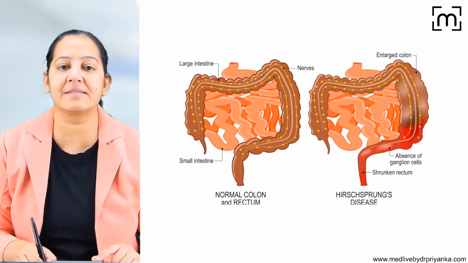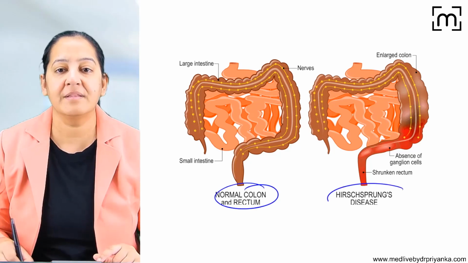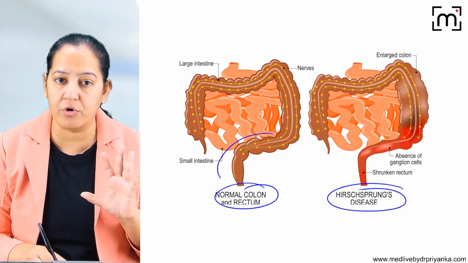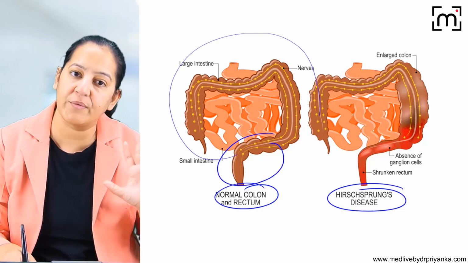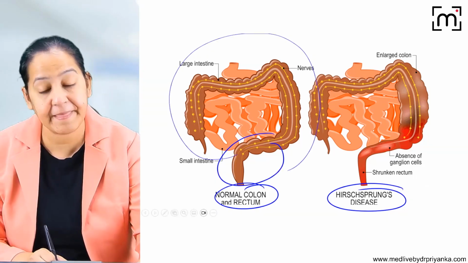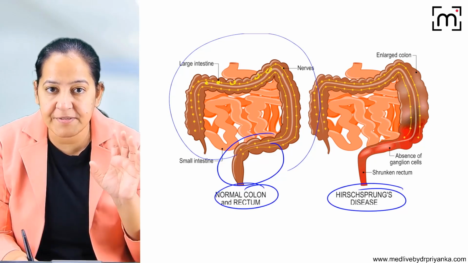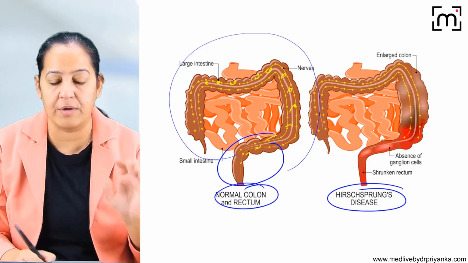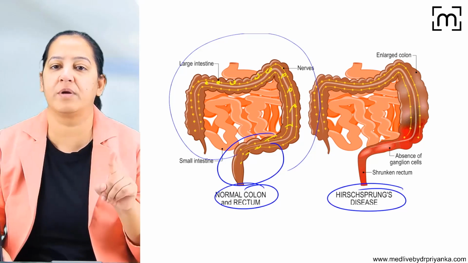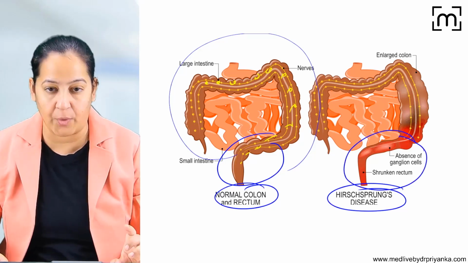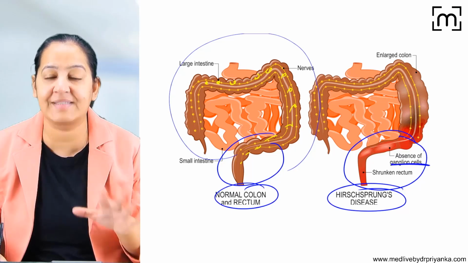So that is Hirschsprung disease. Here also you can see this is the normal colon and the rectum. This is Hirschsprung disease. Now see. Normally in the complete colon, you can see the yellow dots. Those are the ganglions. So ganglions are present everywhere. Can you see the ganglions? They're present throughout the colon. But see, in Hirschsprung disease, a portion of the distal colon doesn't have ganglion. It is an aganglionic segment.